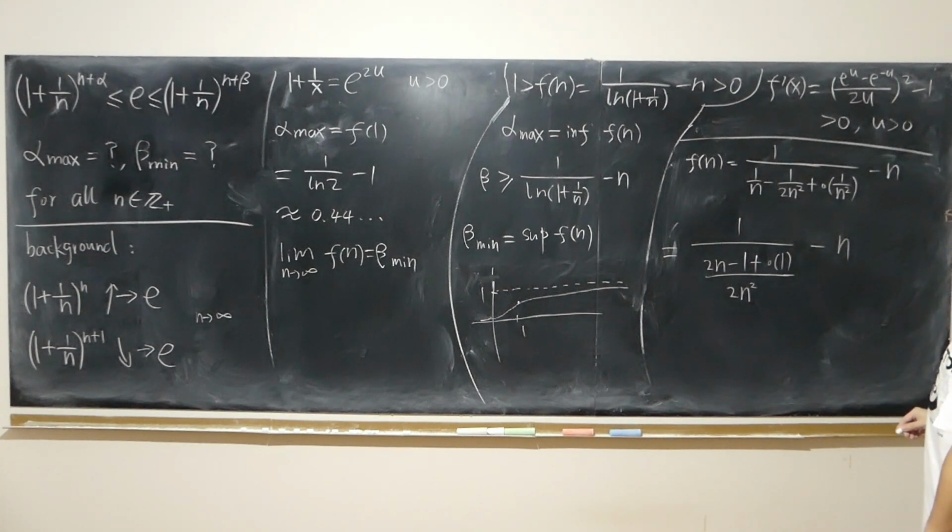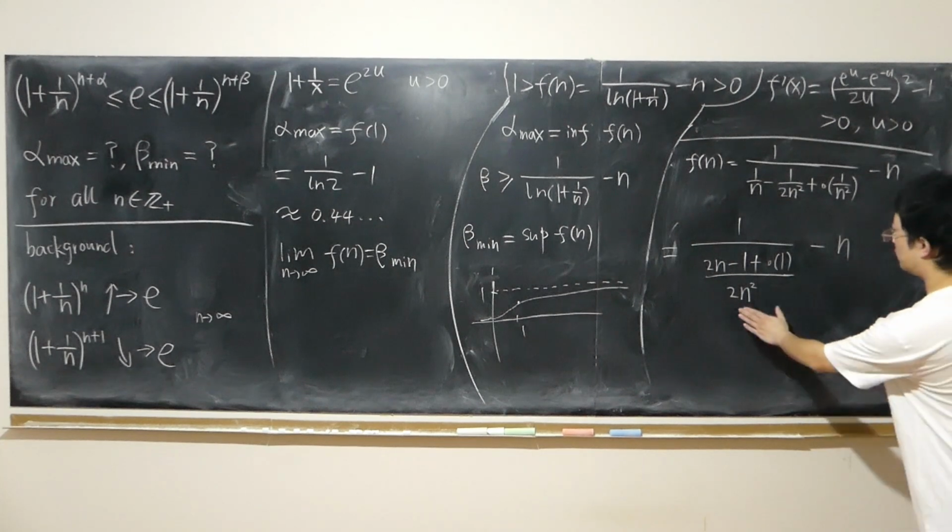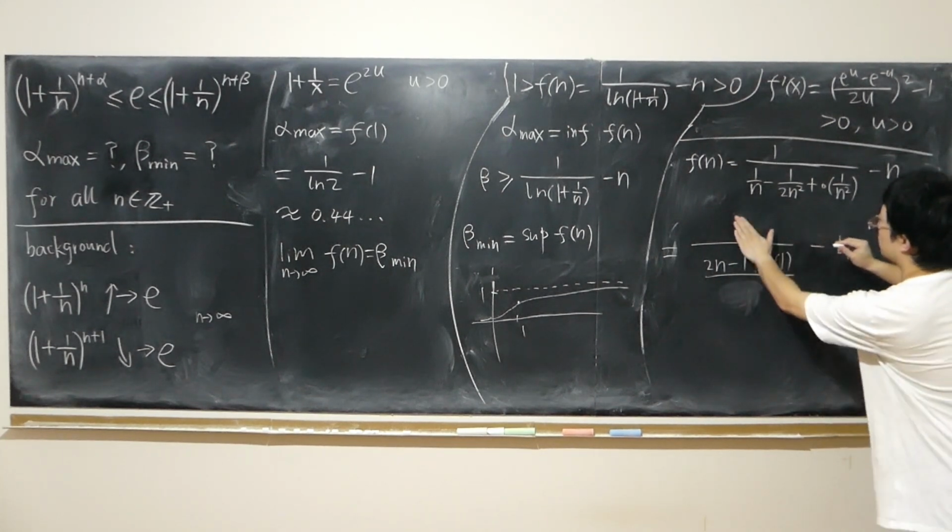And of course, we're going to flip it upside down, twice n squared.